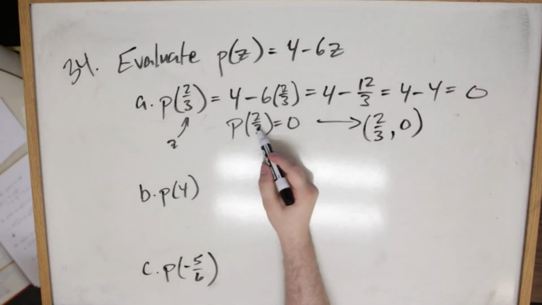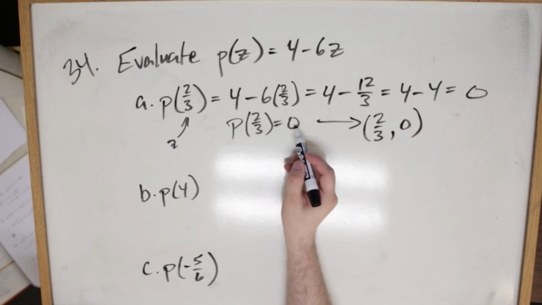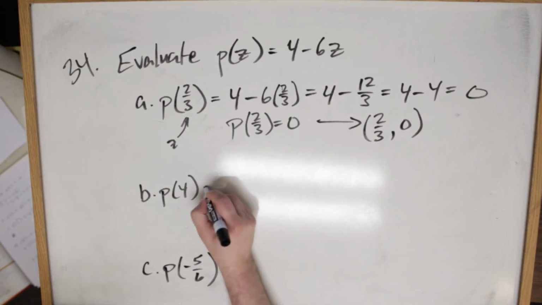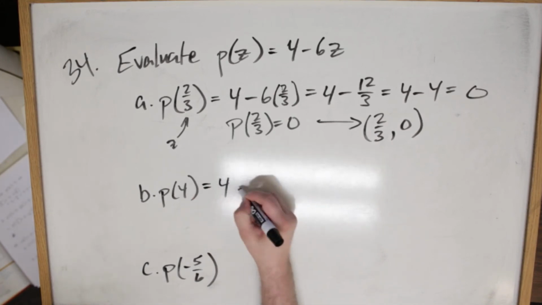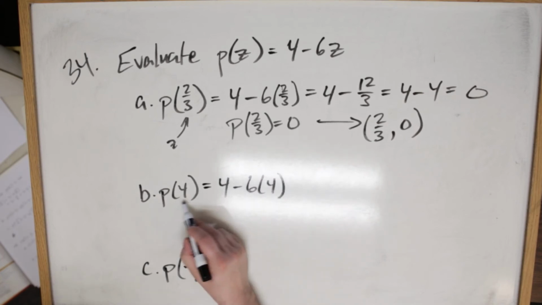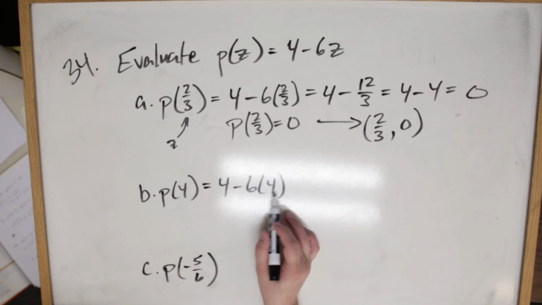You can think of this as like an x value and a y value. We're going to go through these, and then I'll do a couple of other examples so you can see how this all works. 4 minus 6 times 4. Again, I'm evaluating at z is equal to 4, which means this is going to turn into a 4.